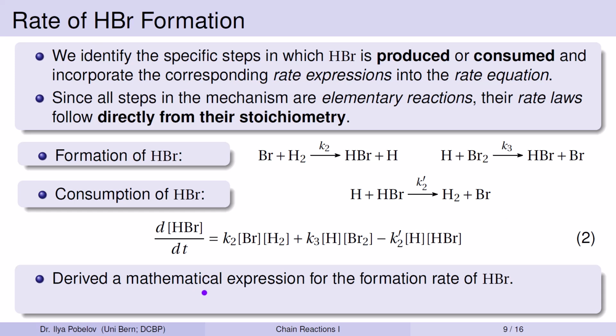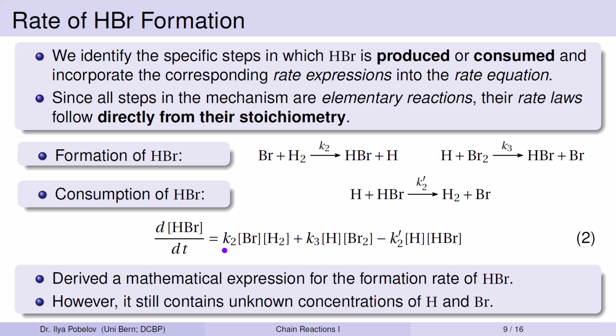At this stage, we have derived a mathematical expression for the formation rate of hydrogen bromide. However, it still contains unknown concentrations of hydrogen radicals and bromine radicals, making it unusable in its current form.